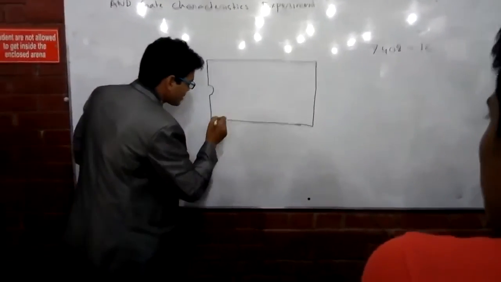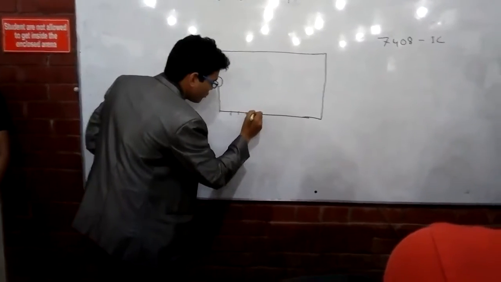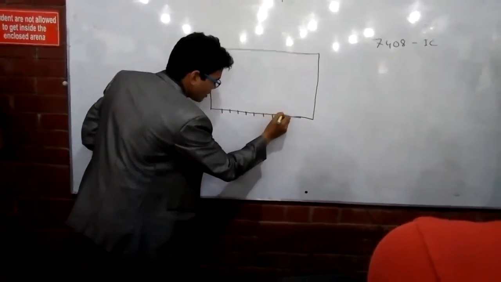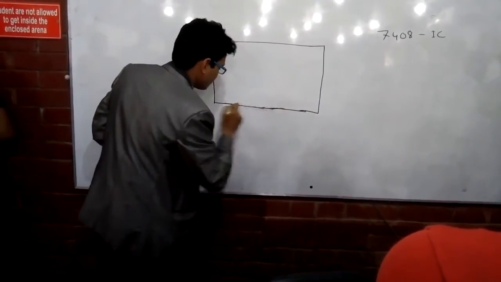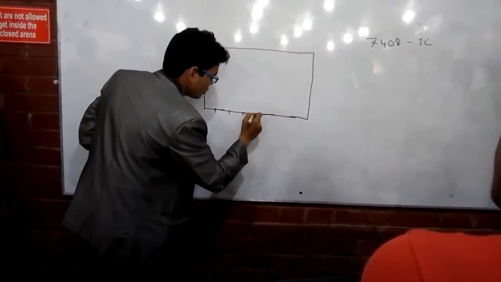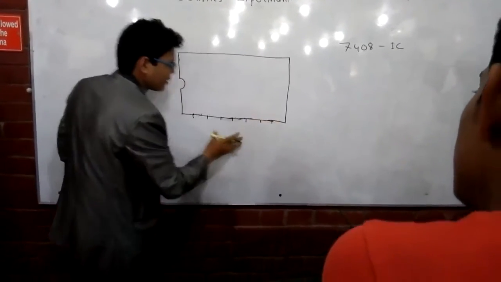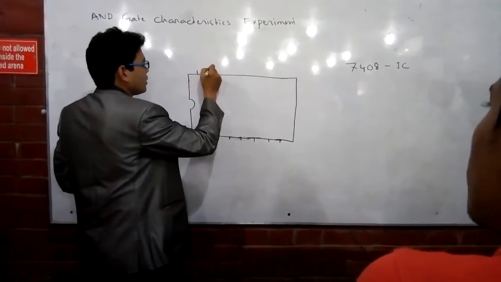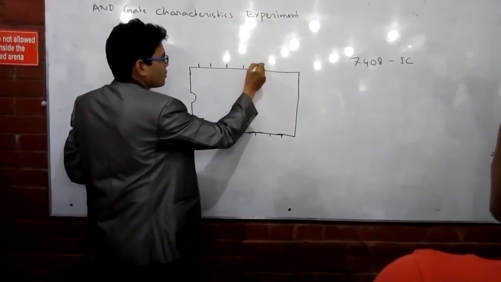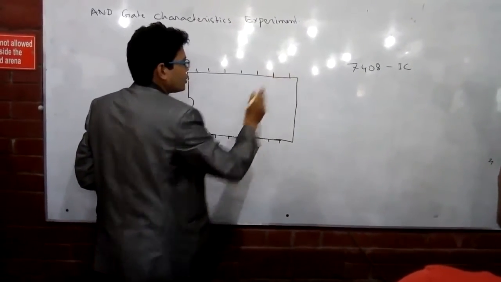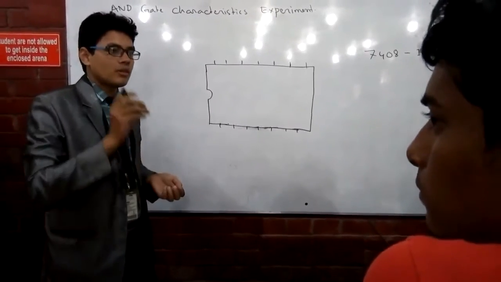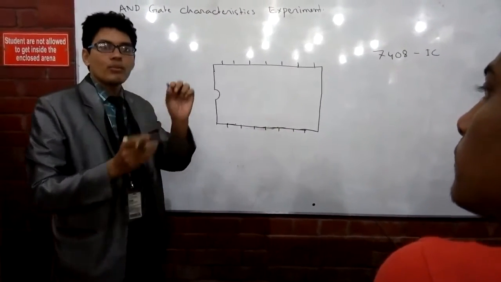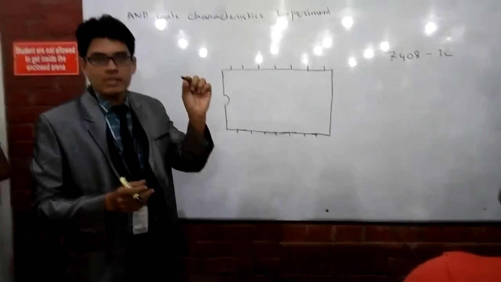It is like this: 1, 2, 3, 4, 5, 6, 7, and then 8, 9, 10, 11, 12, 13, 14. So each IC has 14 pins, 14 legs. We will use different ICs, but each of them will have 14 pins.